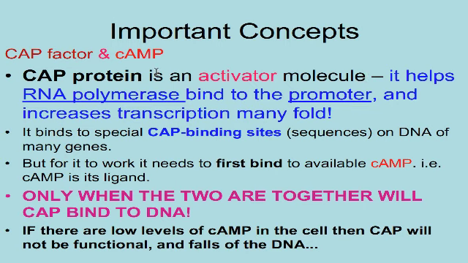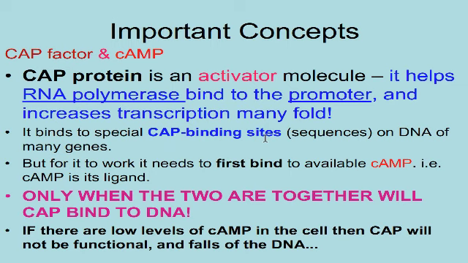If you remember from the previous video, activator proteins increase the rate at which the RNA polymerase is able to do its job in binding to the promoter and transcribing genes. CAP needs a molecule of cyclic AMP to have the right shape and configuration to bind to its own DNA sequence called the CAP binding site.